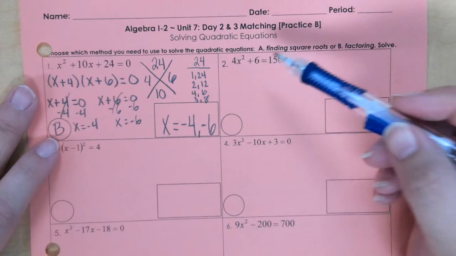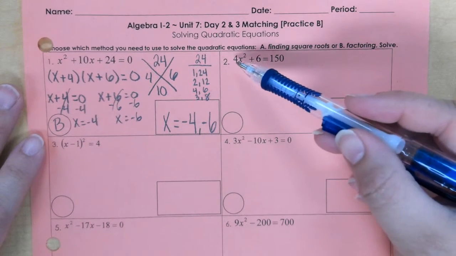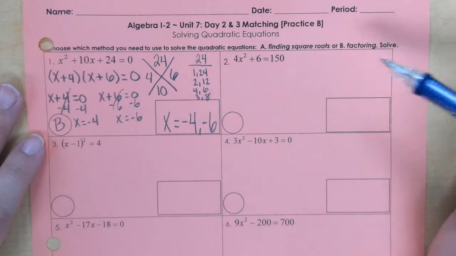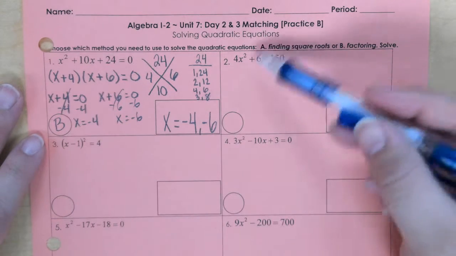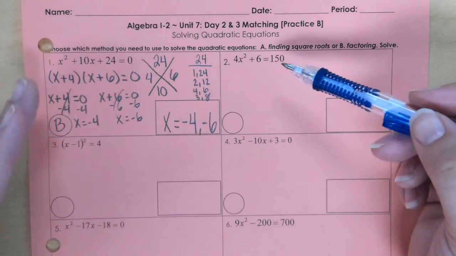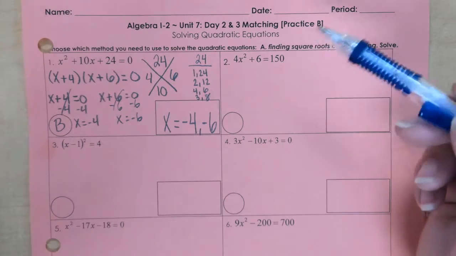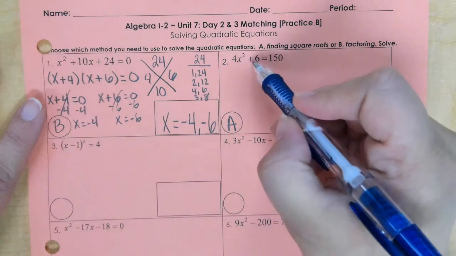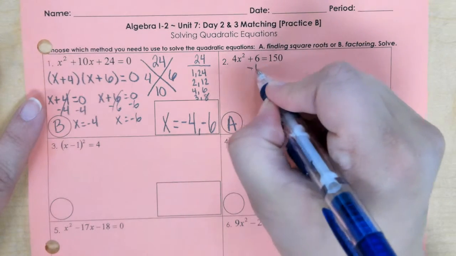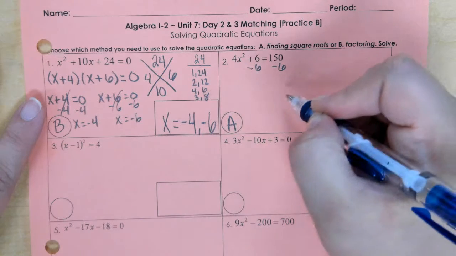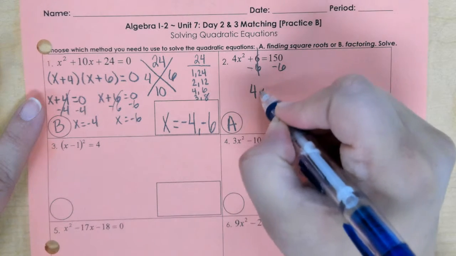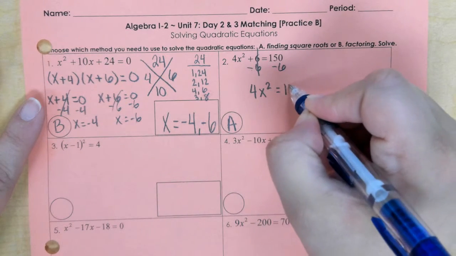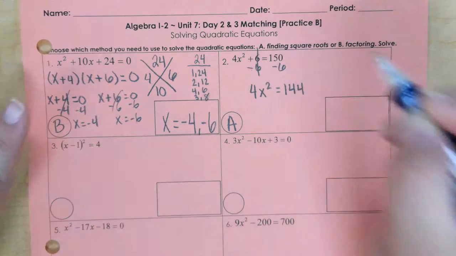In number 2, we have to solve this by finding square roots. So in my problem, the process to find x involves finding square roots. That's going to be my type of way of doing this. So I'm going to solve it like a two-step equation. I'm going to subtract 6 first, and I get 144.